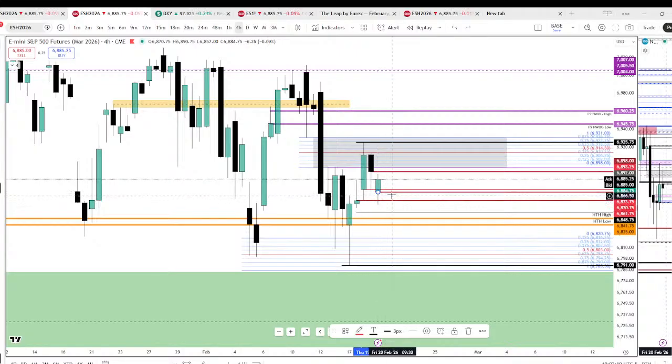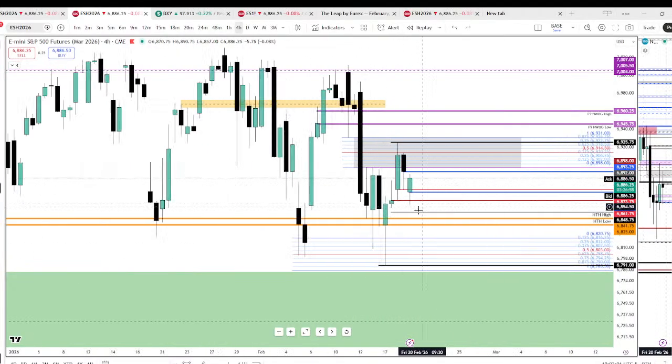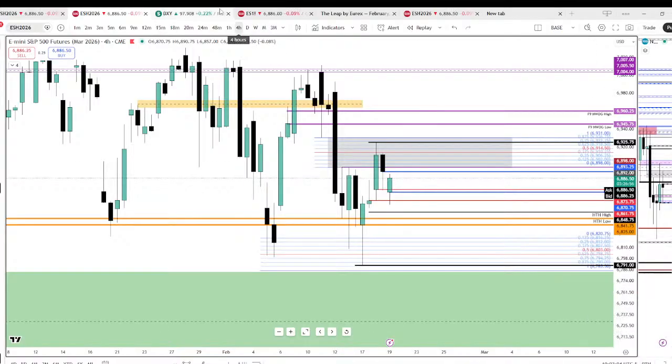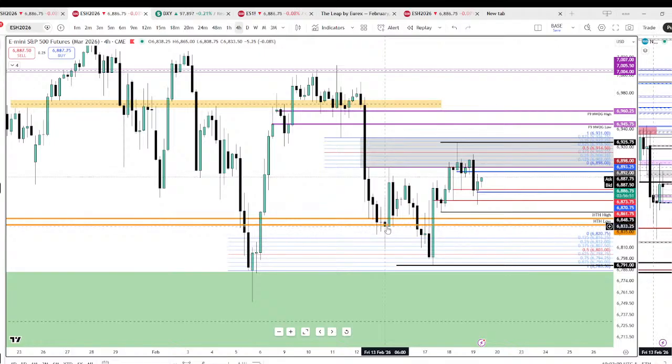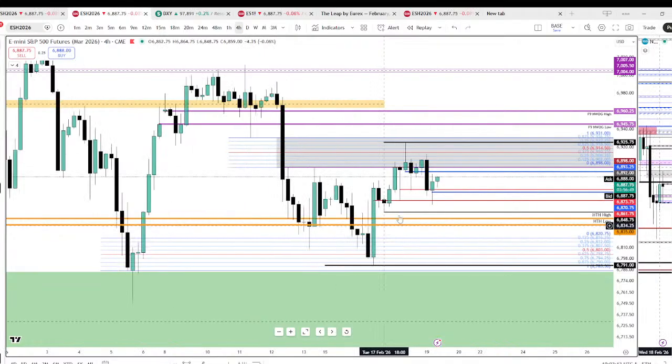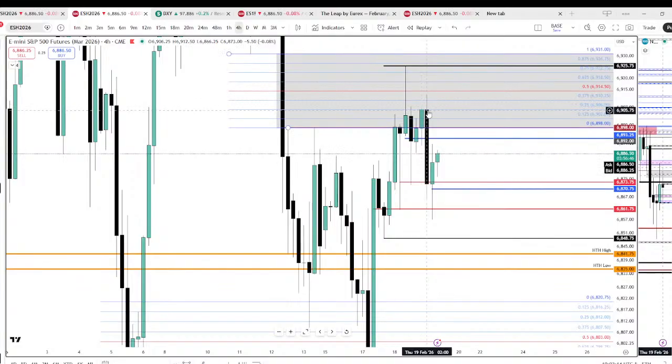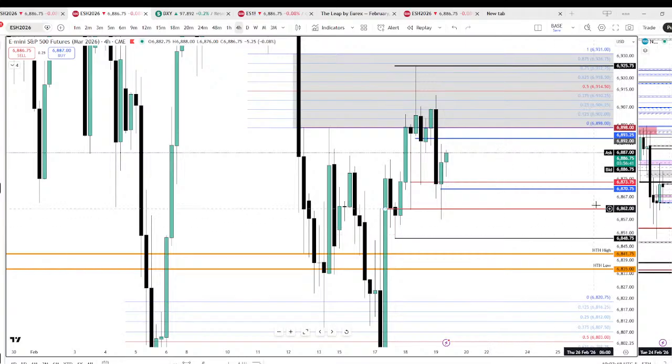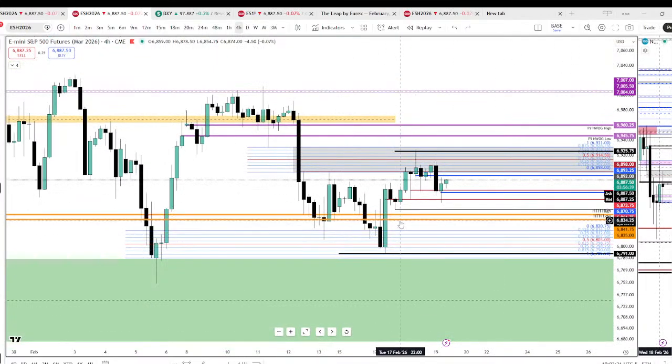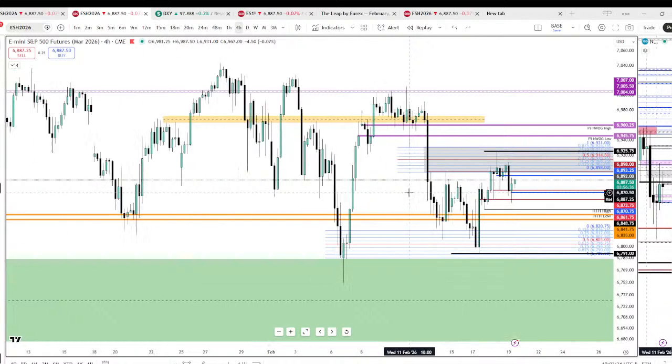Actually, change the color of these so we know our current day gap. And we've almost filled that in entirely. I'd like to see at least tap into that. Again, halted trading hours gap that formed.